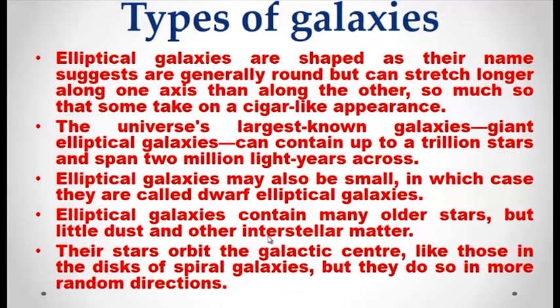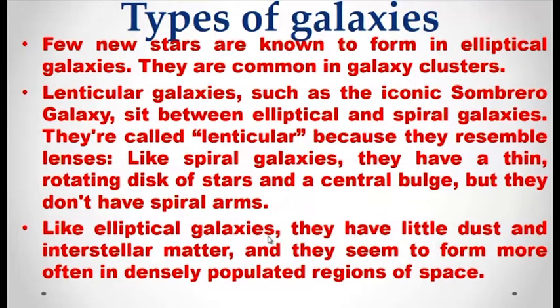These are the 4 coordinate systems used in astronomy. So, the galactic coordinate system can be used to study the galaxies. Few new stars are known to form in elliptical galaxies. These few new stars are common in galaxy clusters.